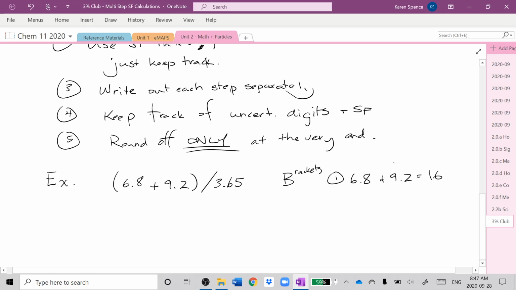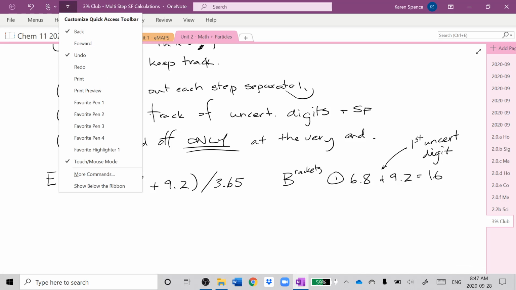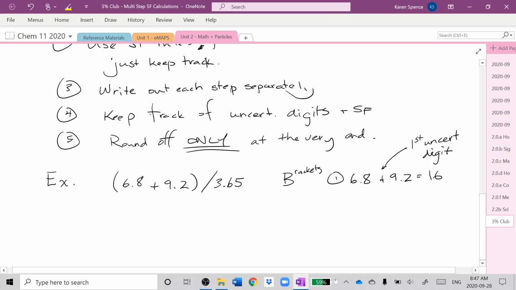Now, we are adding, so remember you are going to go to the first uncertain digit, and that means we need to know who our uncertain digits are. So we have our 8 is uncertain, our 2 is uncertain, that's our first decimal place.